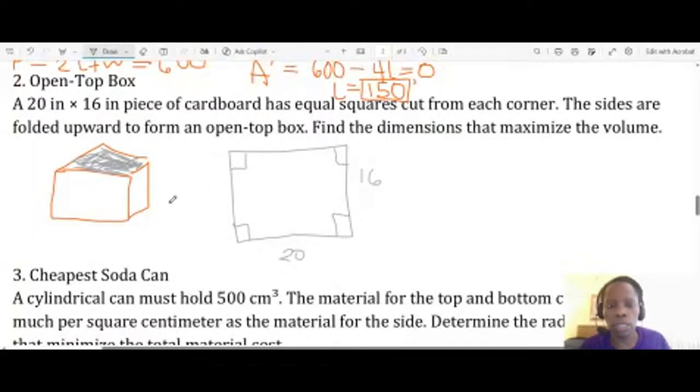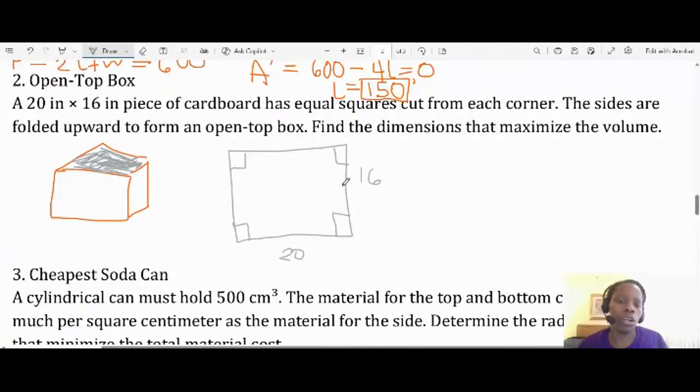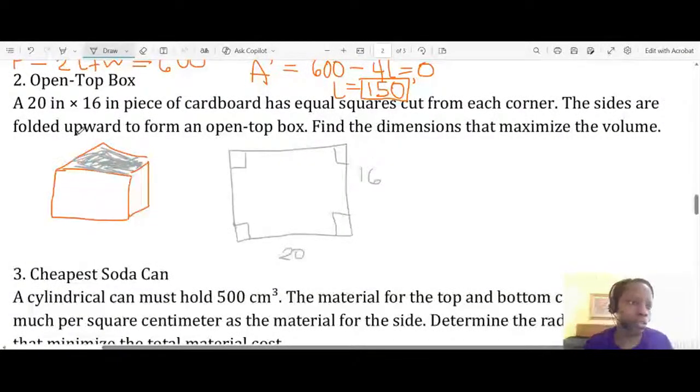We don't know how many, I'm just guesstimating how much is cut out. The sides are folded upwards to form the open top box. Find the dimensions that maximize the volume.